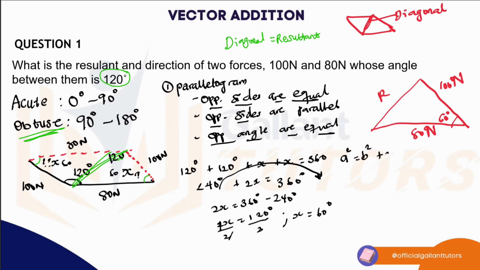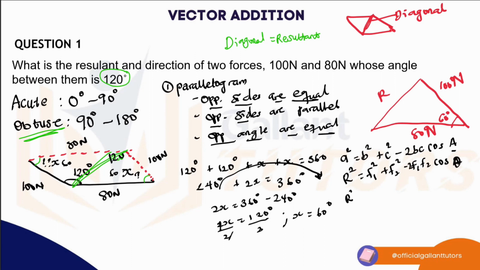So a squared is equal to b squared plus c squared minus 2bc cos A, A here being the angle. We have just one angle. So in this case, I can just say R squared is equal to F1 squared plus F2 squared minus 2 F1 F2 cos A, or cos theta.